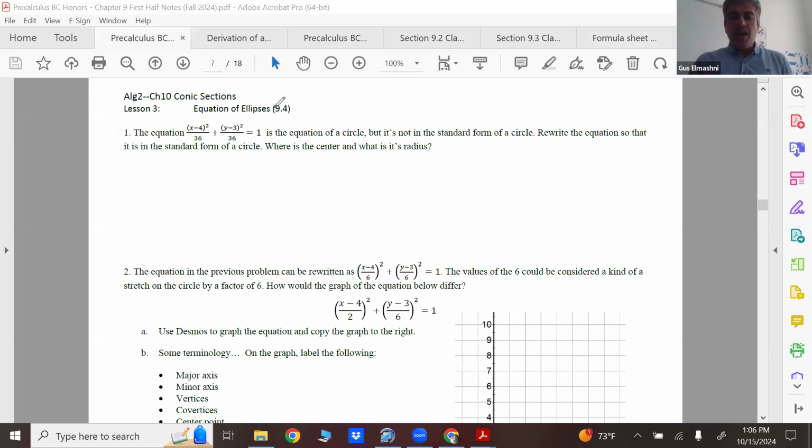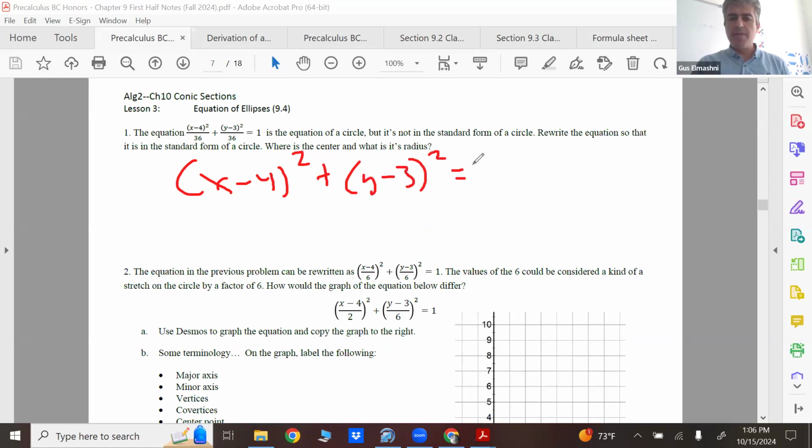All right. So anyway, this right now is the equation of a circle, right? Because it looks like this: x minus 4 squared plus y minus 3 squared equals 36. But notice it's written kind of like the ellipse equation as well, right? So if you think about it, the center's at 4 comma 3.